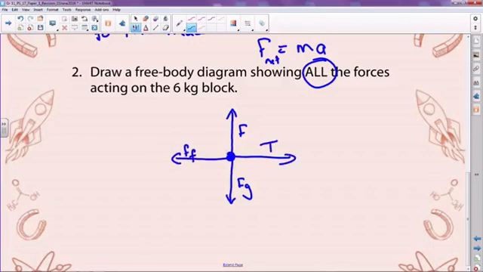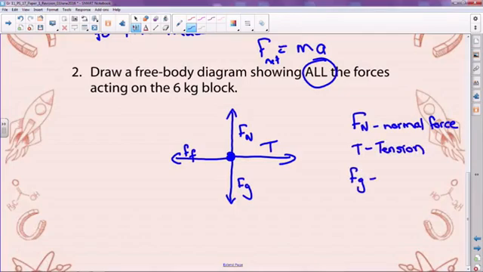Okay, if that is how you draw your diagram, then please give me a key. You either write on the diagram exactly what the things mean, or you put it to the side. So like this, I'm going to say, this is my normal force. This is my tension.